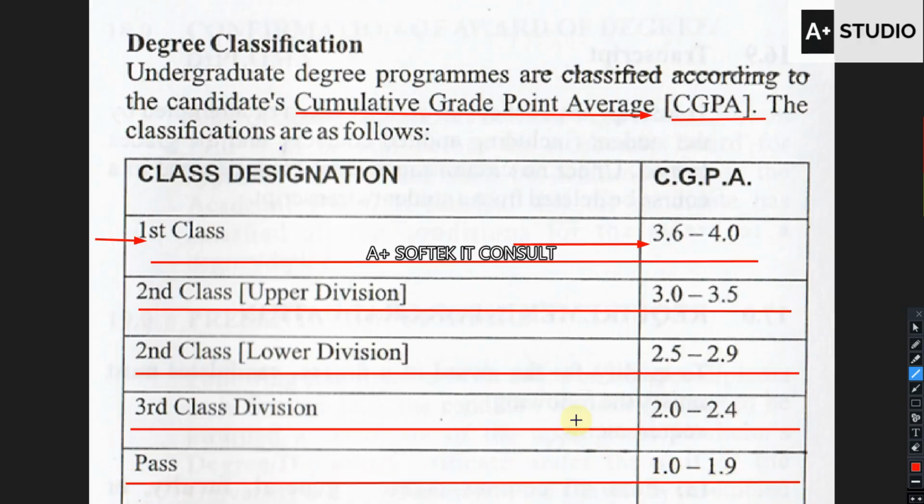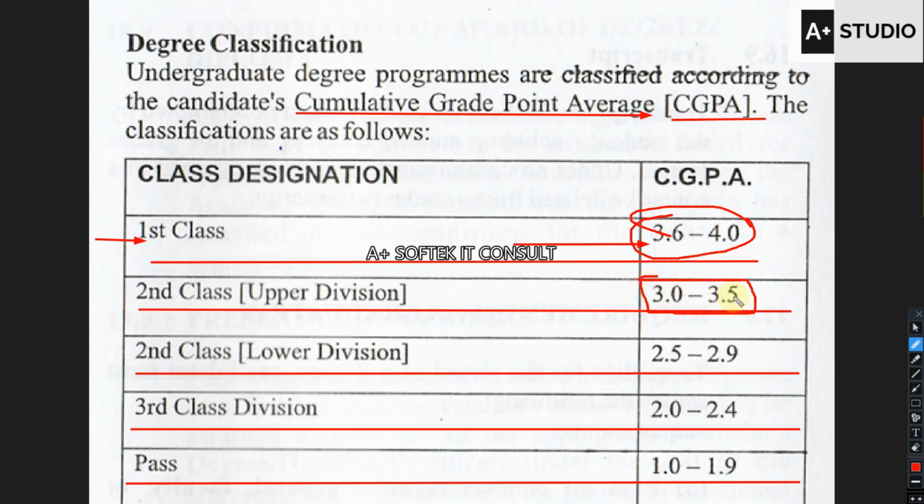Looking at the degree classification, we could tell that the University of Cape Coast, when it comes to the grading system or class designation or the awards, is a little bit strict. Just look at this: 3.6 to 4.0 is the same as the University of Ghana, same as GCTU, same as other institutions. But when we come to the second class upper, that is where we see a difference, because it is 3.0 to 3.5.